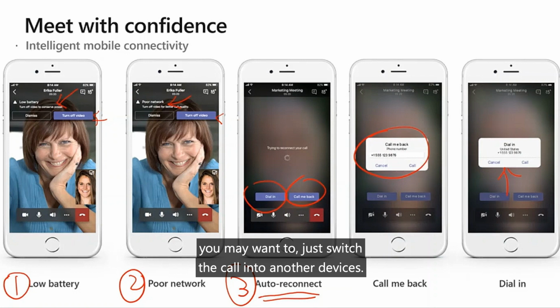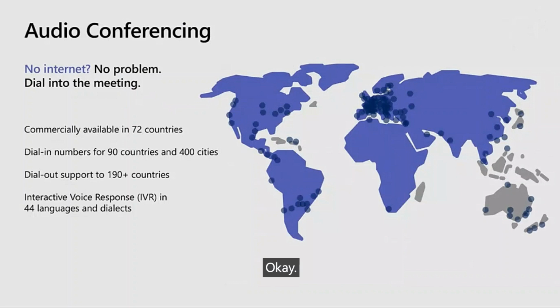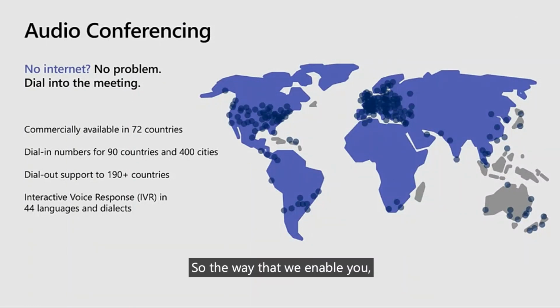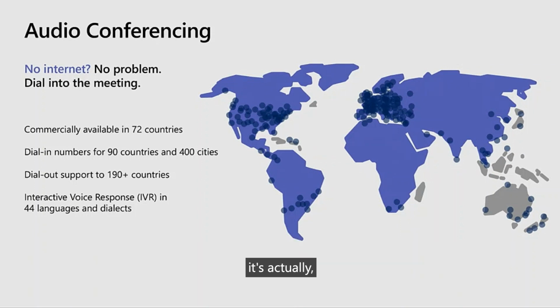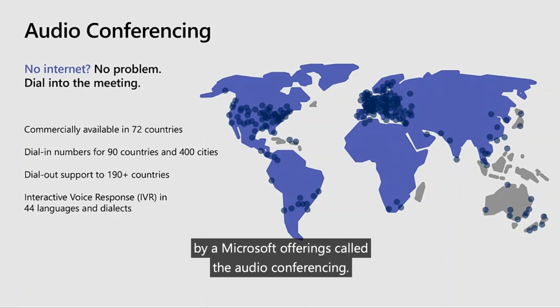You may want to just switch the call onto another device. The way that we enable the functions that we just showed, the dial in or the call me back, is actually by a Microsoft offering called audio conferencing.